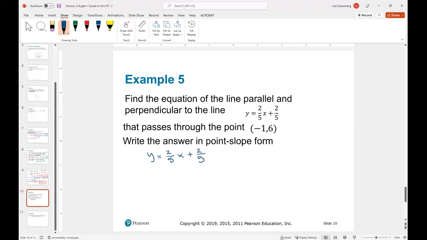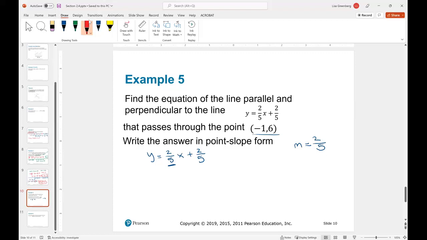So my slope here is 2/5. And it's coming from here, not from the other place. That's my y-intercept, right? And I know it's passing through that point. So I have the slope and I have the point.